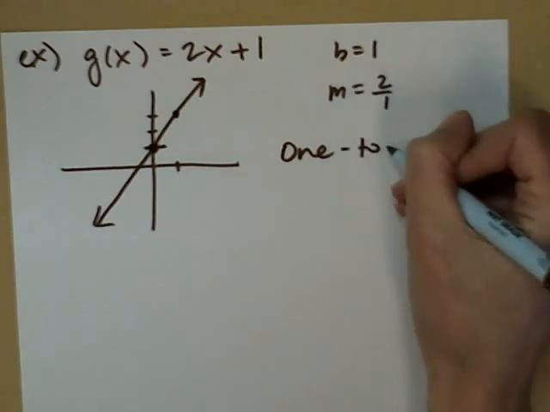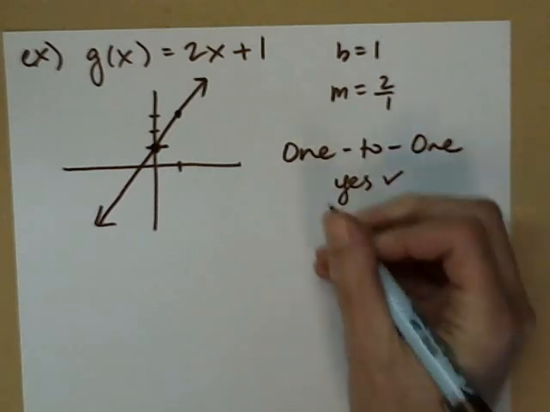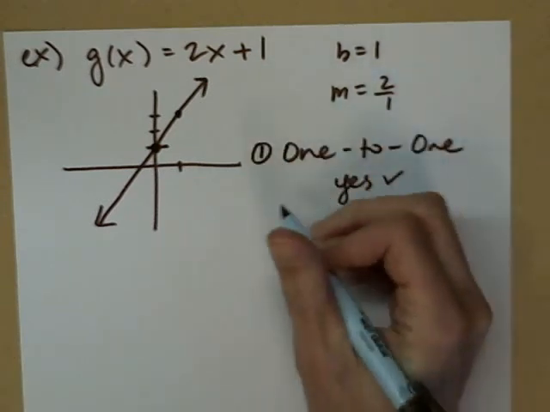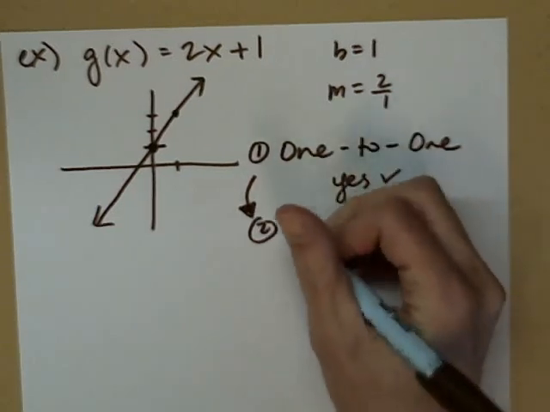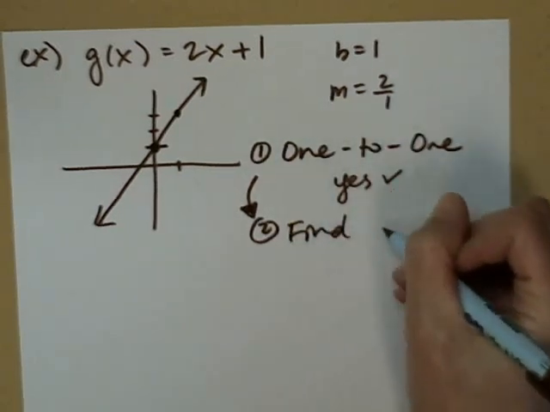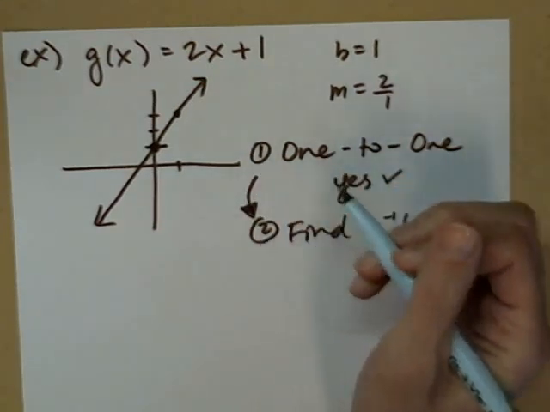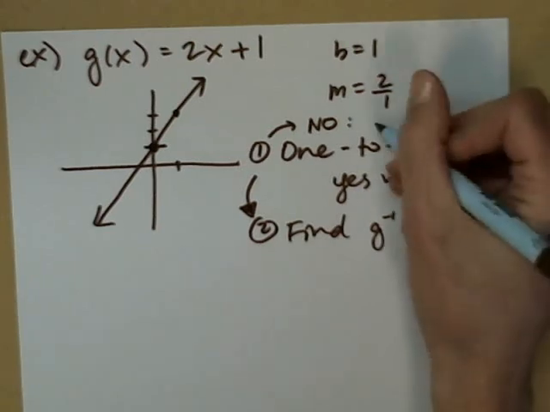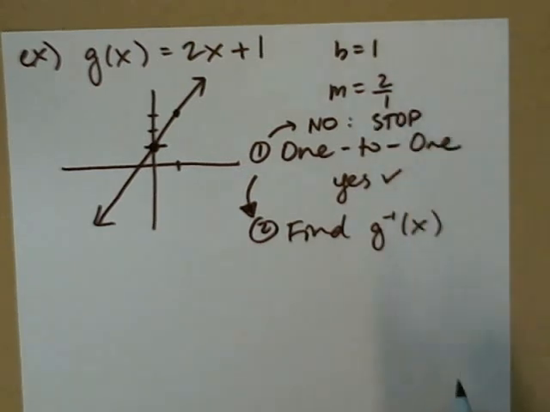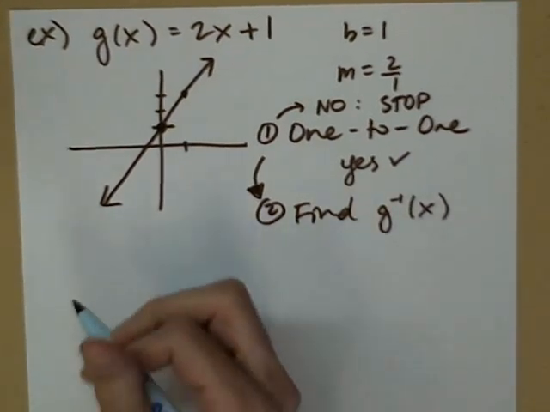Is my function 1 to 1? Yes. So if I think of that as step 1, that means I can go on to step 2 and find g inverse. If it wasn't 1 to 1, if my answer was no, then I would stop. There's not an inverse function. Well, this one does have an inverse, so let's find it.